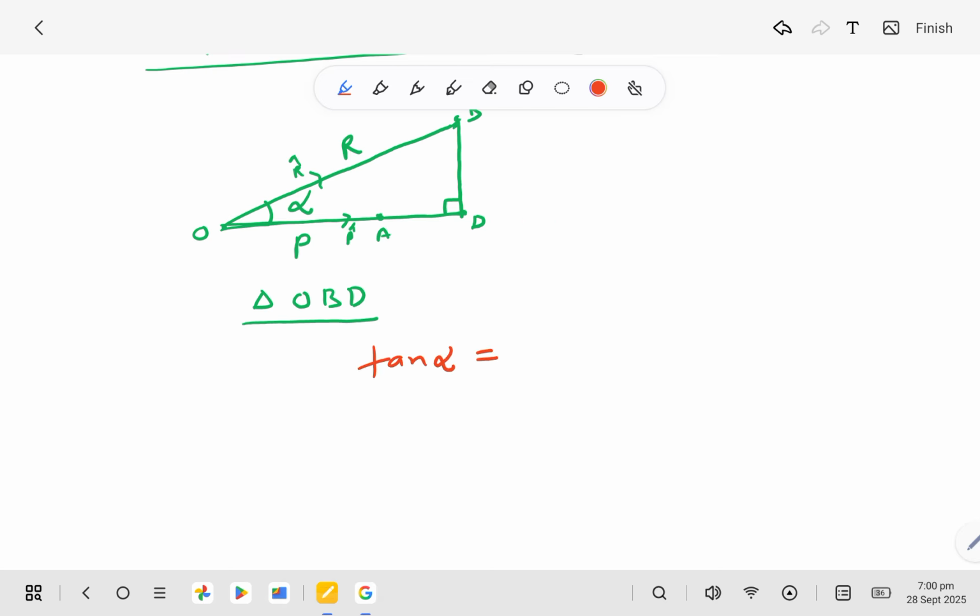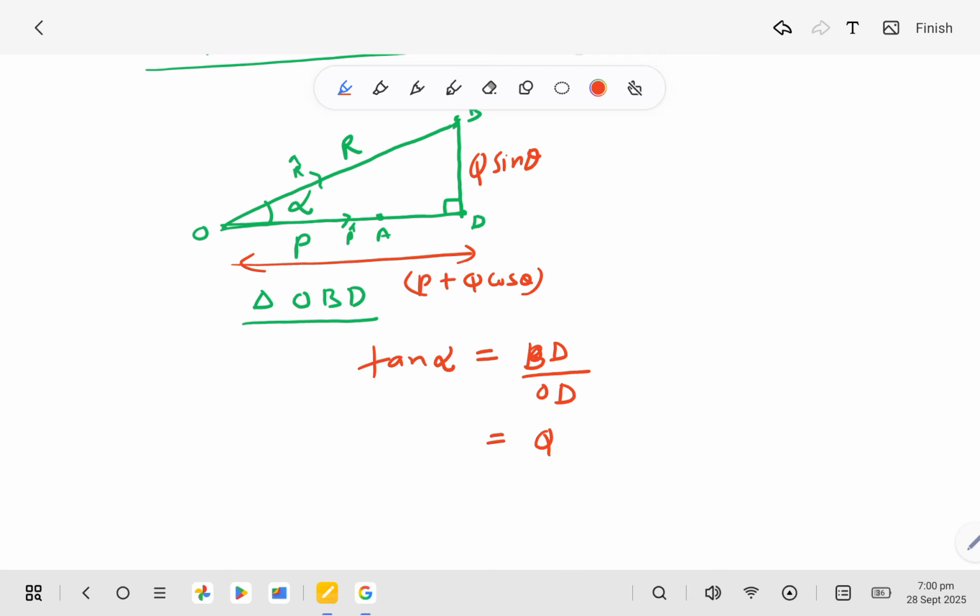Tan alpha equals BD divided by OD. BD is Q sin theta, and this length is P plus Q cos theta.